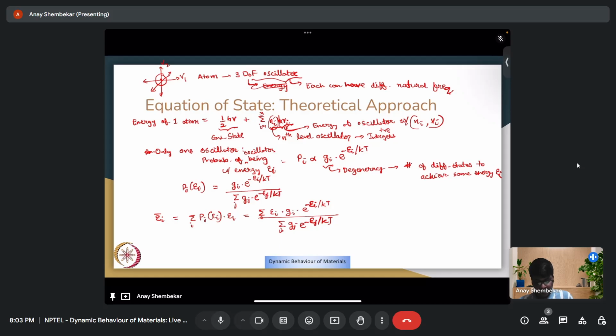Again, we can interchange, so i and j are all spanning over all states. I can write the denominator as a summation over i again, just to remove any confusion.